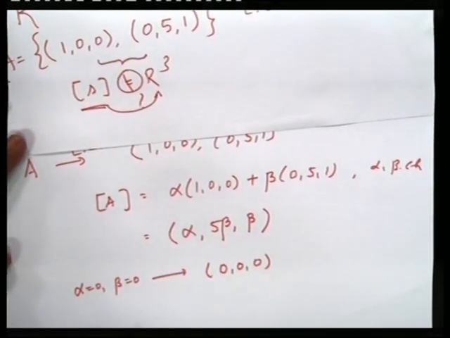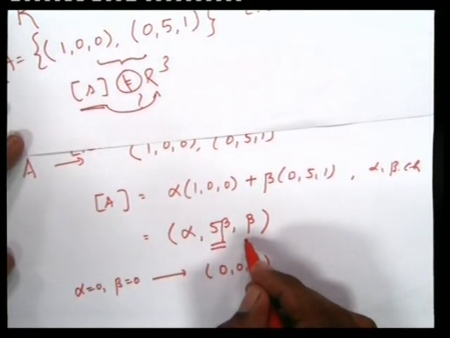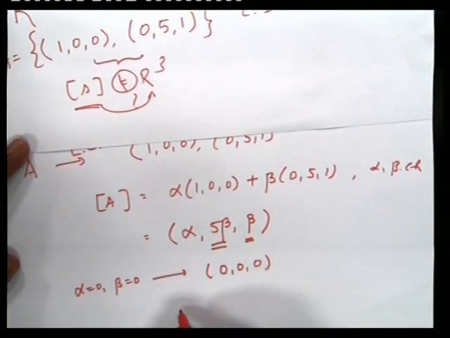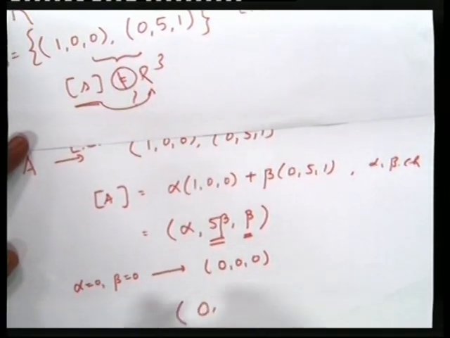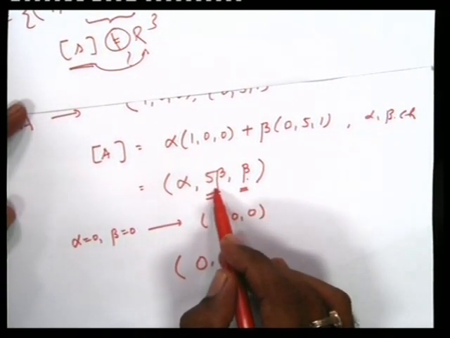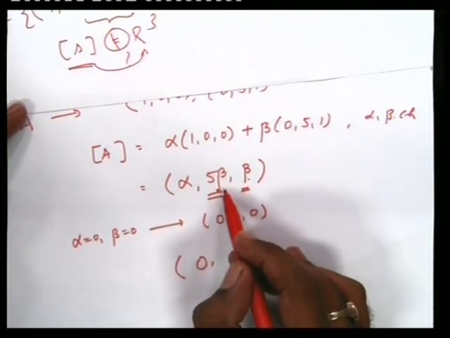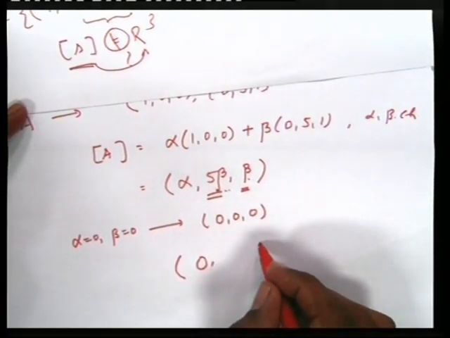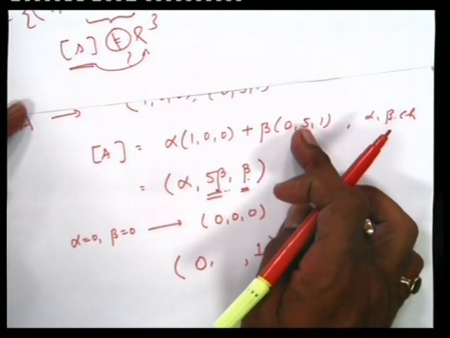And if we change the coordinates slightly, if the second coordinate is beta times 5, then the third will be beta. So we will select a vector which cannot be in the span of A. If I take 1 here and 5 here, then this is the same as a vector of this set.